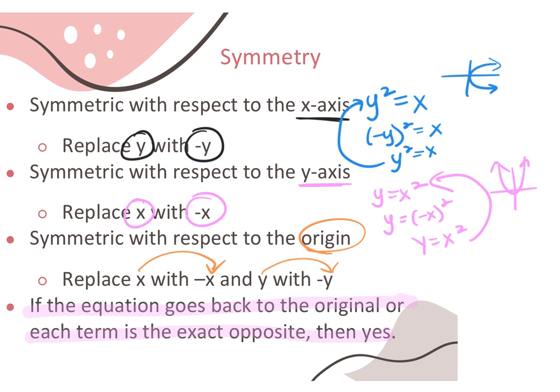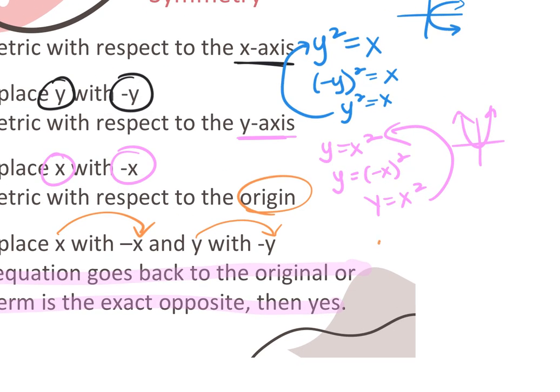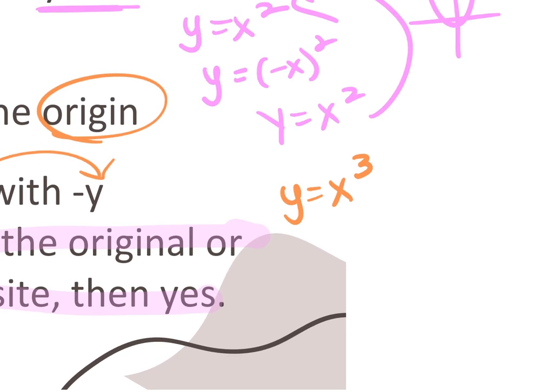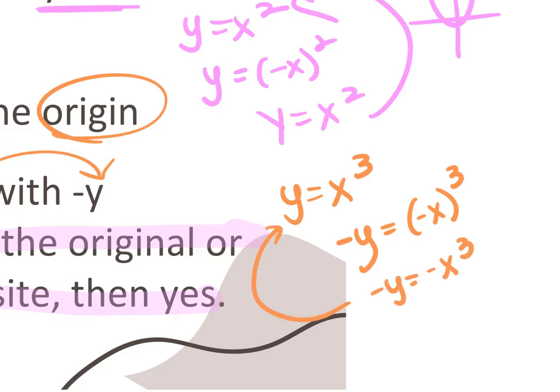And then for your origin, an example could be y equals x to the third. This time, when I plug in a negative y and a negative x, and I simplify, what's negative x raised to the third power? It stays negative, so this would be negative x to the third. It doesn't equal the original, right? But what has happened? All the signs changed.